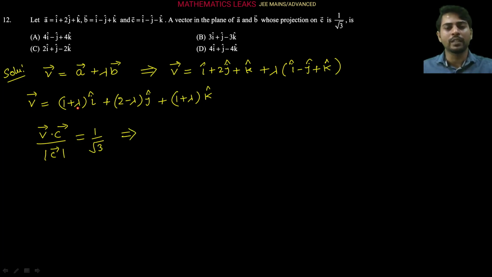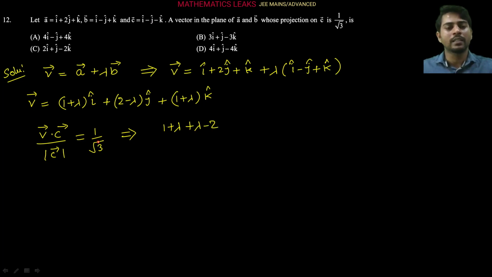So V dot C: the I component is 1 plus lambda dot product with C's I component, so 1 plus lambda into 1 is 1 plus lambda only. The j coefficient is 2 minus lambda and here the j coefficient is minus 1, so plus lambda minus 2.